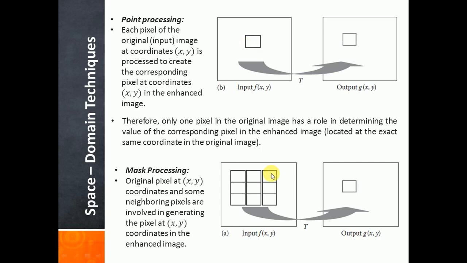But in mask processing, the input point and its neighbors, it could be 3 by 3, 5 by 5, or 7 by 7, are responsible for the output point. That's mask processing.